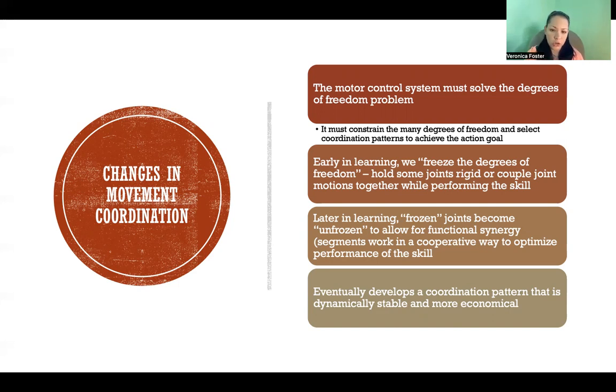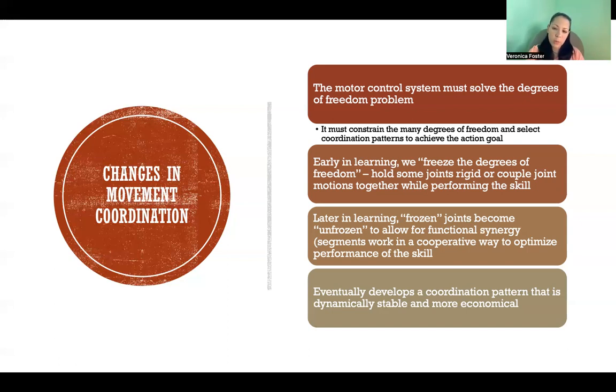And we allow for more functional synergy. So we allow the segments to work in a cooperative way that is going to optimize the performance of the skill. As we progress and we learn how to coordinate the movements, we incorporate more and more degrees of freedom to refine and hone in the right movement coordination strategy for that skill.